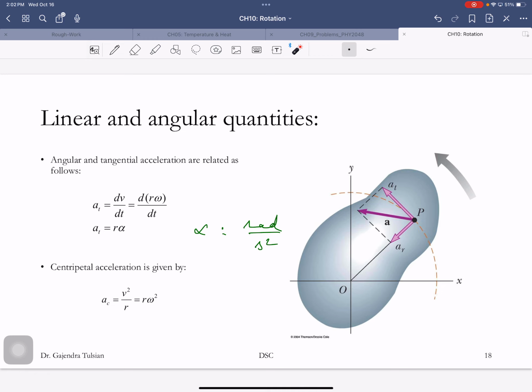So when this point is accelerating, the linear speed is changing, so you have tangential acceleration, and since the direction of the velocity is changing, you have centripetal acceleration, which is r omega squared.